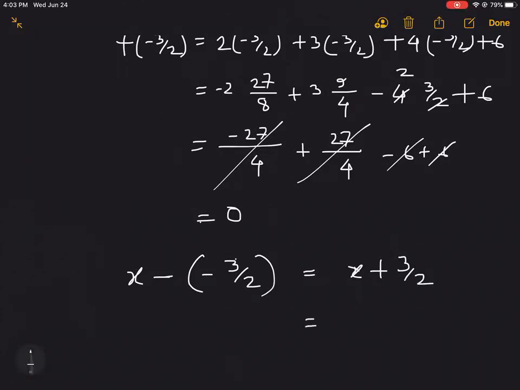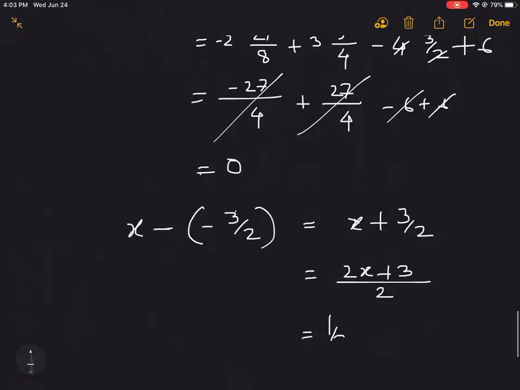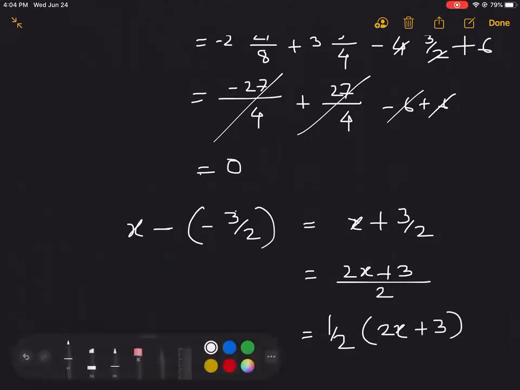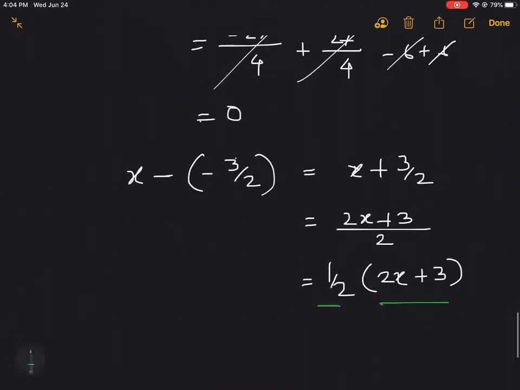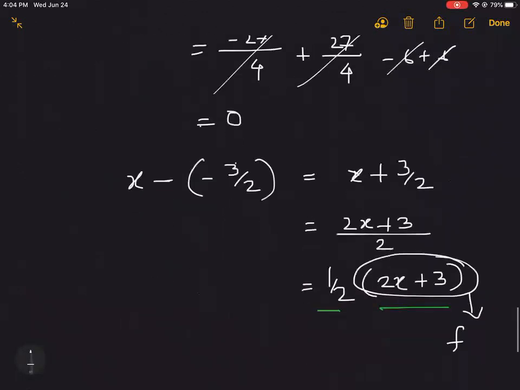What we can do, we can write it in this format: 2x plus 3 by 2, and we can keep this half outside. Instead, we can write like this, and as this is also a factorized form, we can clearly say 2x plus 3 is also a factor for f. Now this will make our life easier.